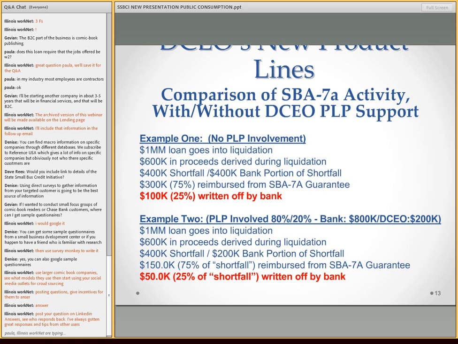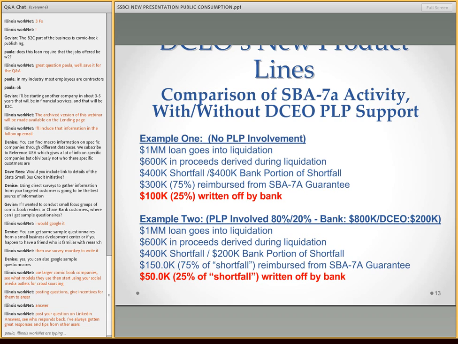This is a new product. Before we didn't do this because it reduced the exposure of the bank too much. We felt that we were taking too much risk from them and making it just too attractive for them to do. However, as you know, we want to get this money out into the market.